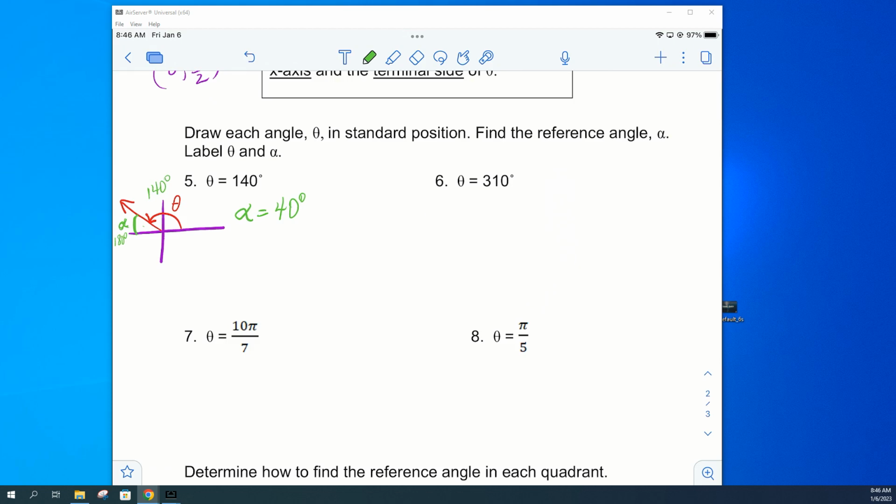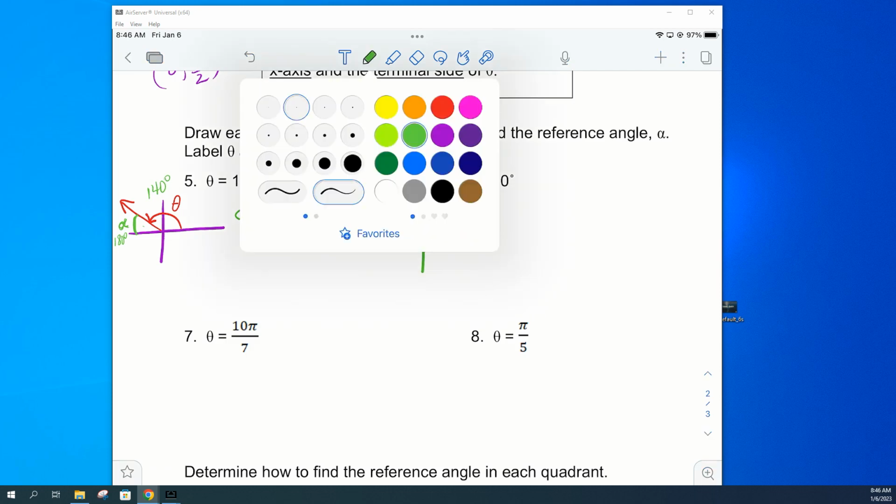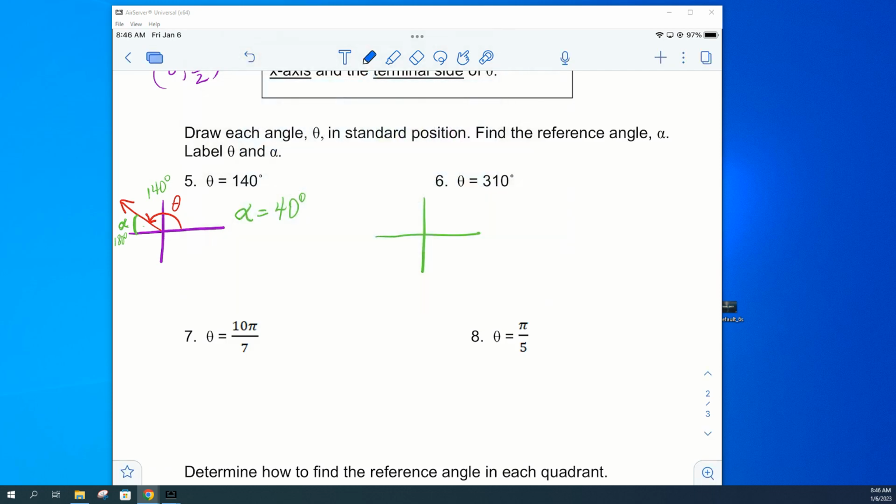Perfect. Let's do number 6. Let's draw. So 310. What quadrant is 310 in? Well, I know here is 270, so 310 is somewhere in there. And my theta is all the way around. That's 310 degrees. Now let's draw where alpha is. You always put your pen on the terminal side and then go to the x-axis. Sorry, my pen does a straight line.